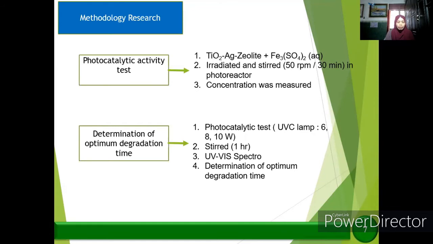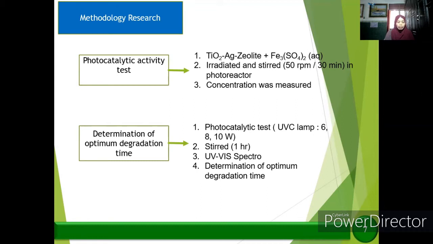Then the solution was irradiated and stirred at a speed of 50 RPM at a temperature of 30 degrees Celsius for 30 minutes. Photocatalytic activity was determined by taking 3 milliliters of the solution every 10 minutes for 1 hour. Then the concentration was measured as a function of time, and then the optimum degradation time was determined.